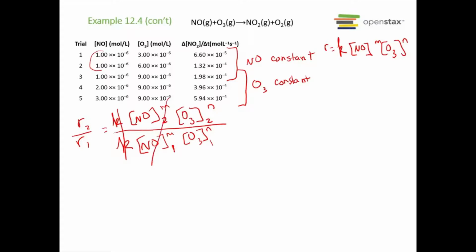So we're left with the ozones now, with our ratio of ozone at the second concentration divided by the first, and then our rate of 2 divided by our rate of 1. So the rate of reaction 2 we're given right here. Oh, sorry, that's for delta NO2, not for delta O3.